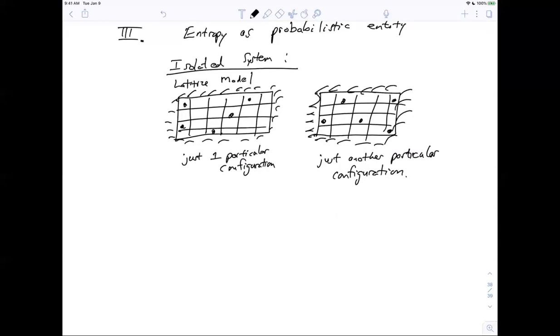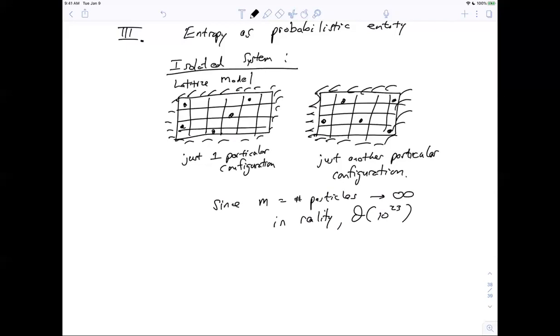Since n is large, m, which is the number of particles in the way I described the lattice model for Joule-free expansion, we let that go to infinity, some very large number. In reality, this is on the order of moles, which is 10 to the 23rd particles.